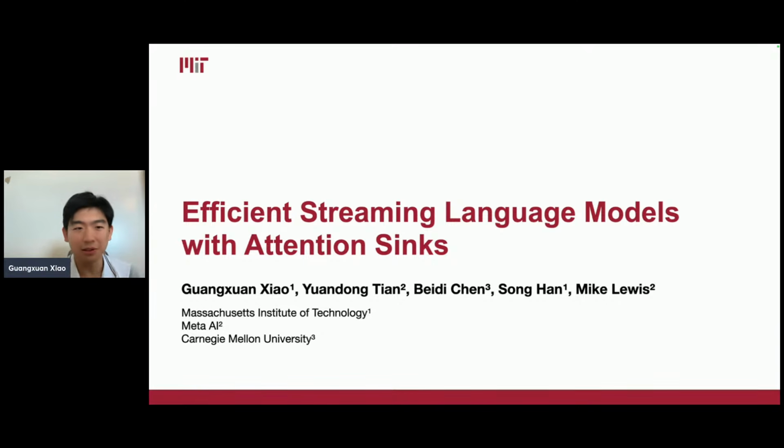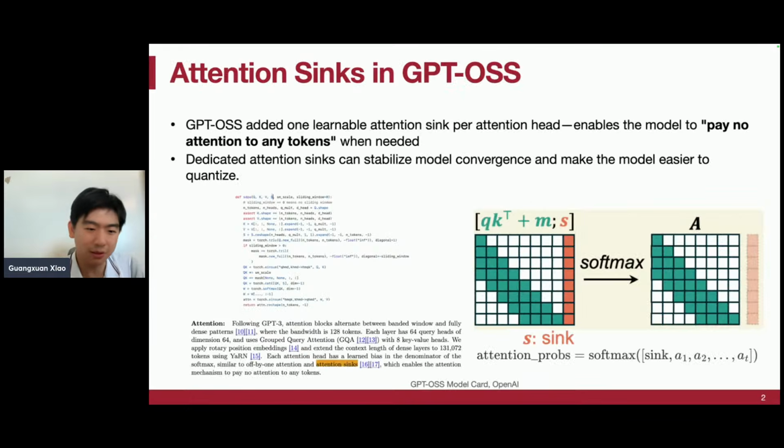And why we're discussing that today: it has become a topic recently because GPT-OSS just came out, and if we look into its technical report and GitHub repo, we can find a very interesting design called attention sinks. Actually, this phenomenon was named in our paper 2 years ago.